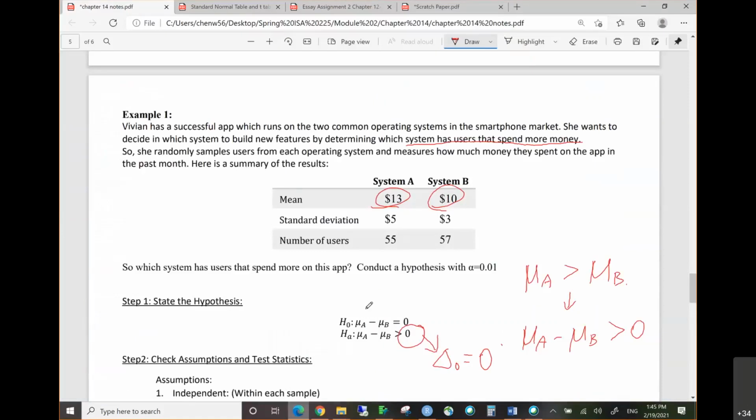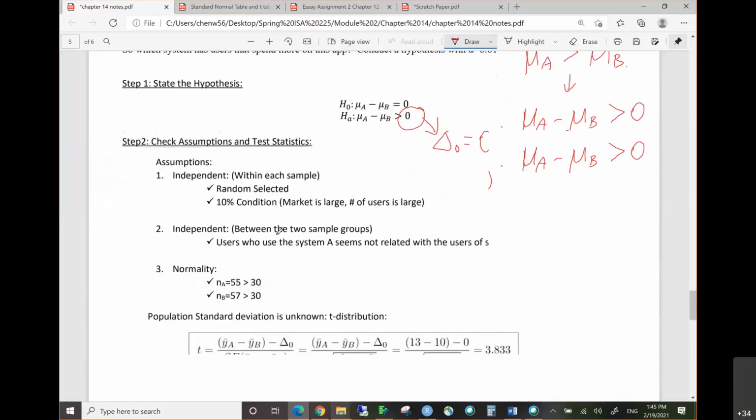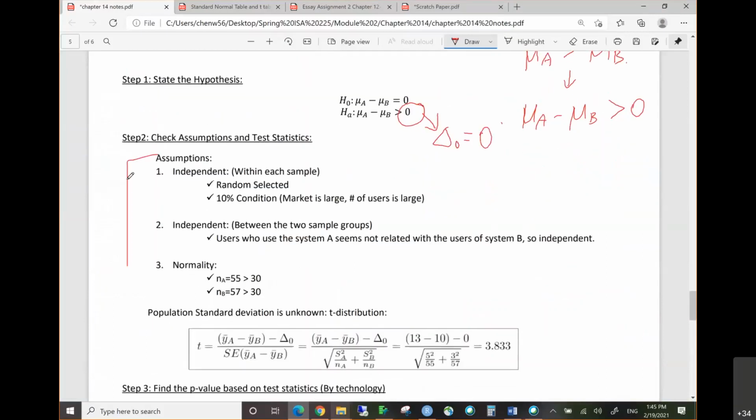Okay, this is the first step, and next, before we calculate any test statistics, we need to check the assumptions. We have 3 assumptions: independence and normality. For the first independence assumption, we need to check both samples are randomly selected, checked.